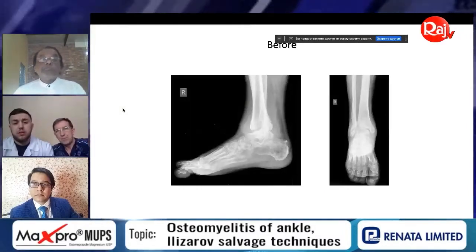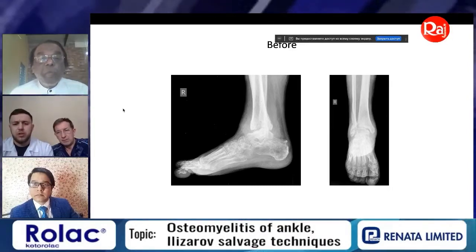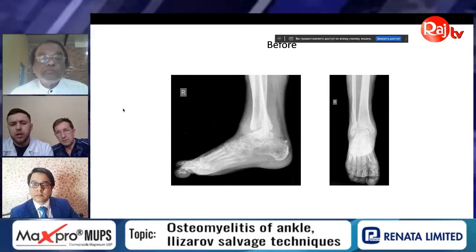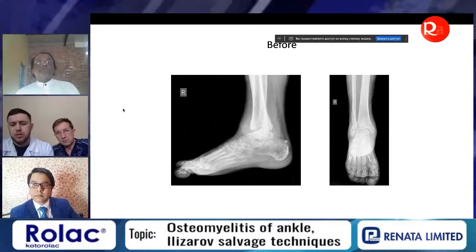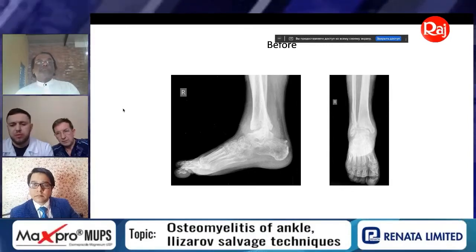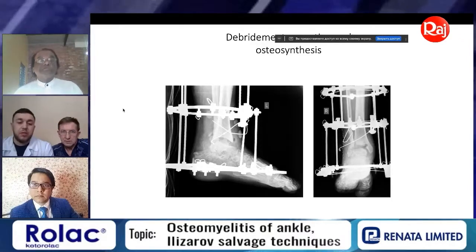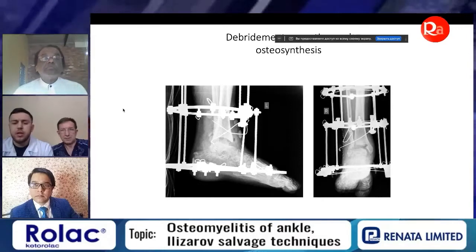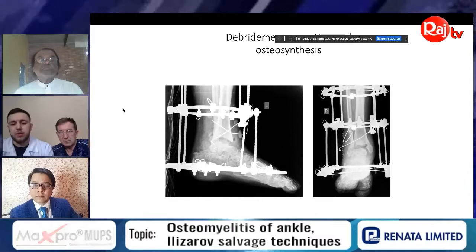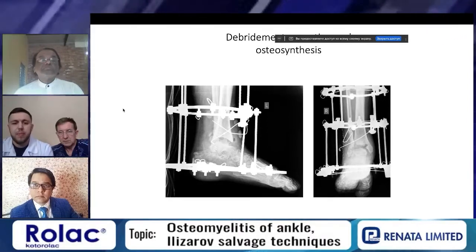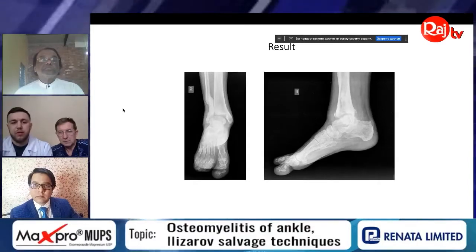One of the cases of neoarthrosis: a patient with ankle joint infection with fistulas was admitted to our department with that X-ray view, and we applied our technique, our method, creating neoarthrosis, and as a result the patient has a good function.